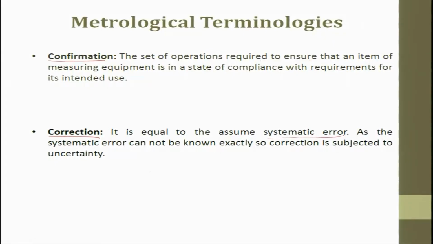That variation from the exact value is called the error, and a systematic error is one where we know the reason, and the error gradually decreases over a period of time. As the systematic error cannot be known exactly, correction is subjected to uncertainty.